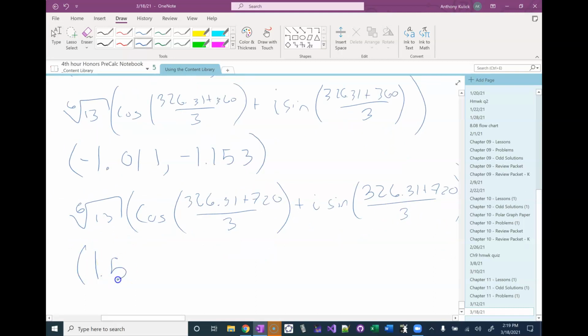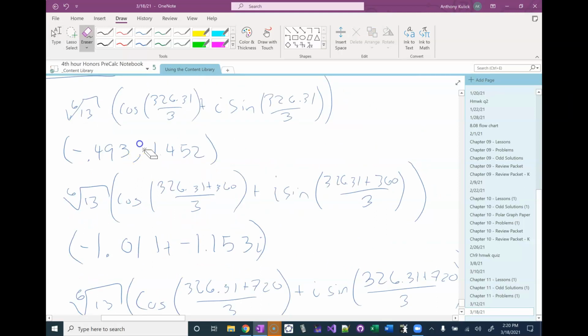That gives me 1.504. And I do the same thing for sine, and I get negative 0.299. Oops, forgot the i's on these. These aren't points. We're not writing these as a vector. We're writing these in complex number form. Sorry. So I should probably nix the parentheses so they don't look like points.